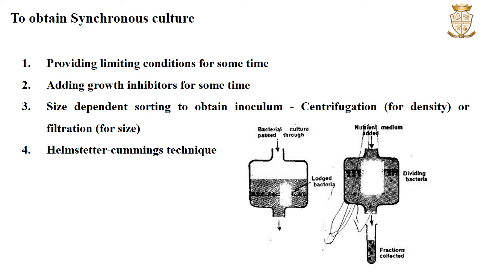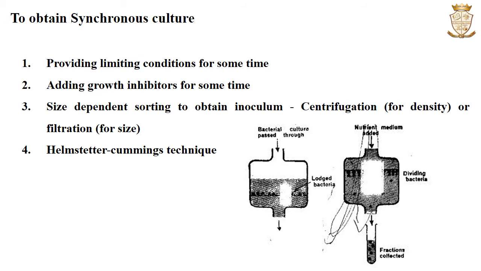Another method is starvation, by not providing enough nutrients. Generally, phosphate is limited. The phosphate limitation will inhibit the growth of the cells in the medium, and when we reintroduce phosphate to the culture medium, once the limiting factor is reintroduced, all the cells will start to grow together in the same phase, and they will give us a synchronous culture.